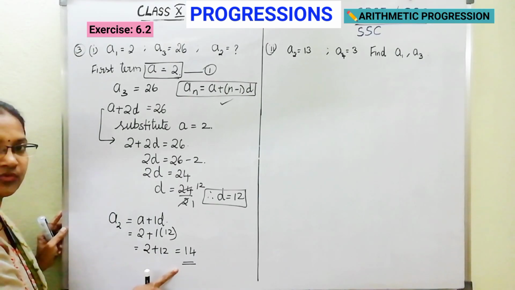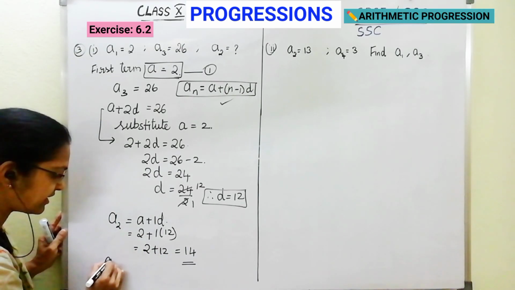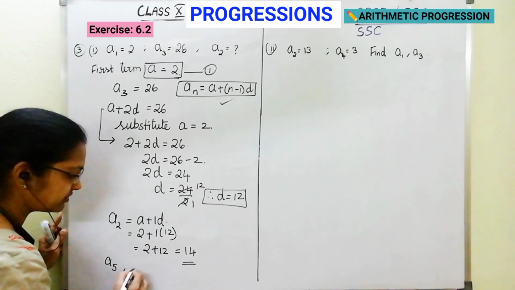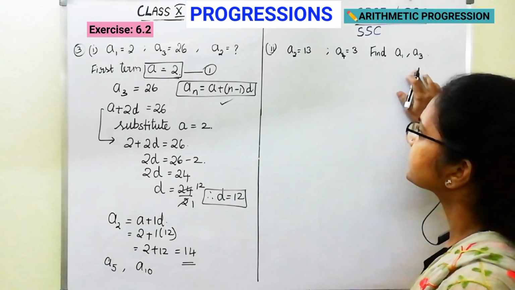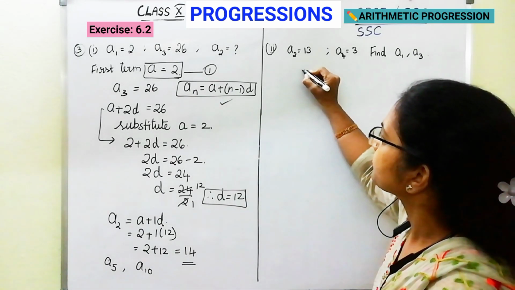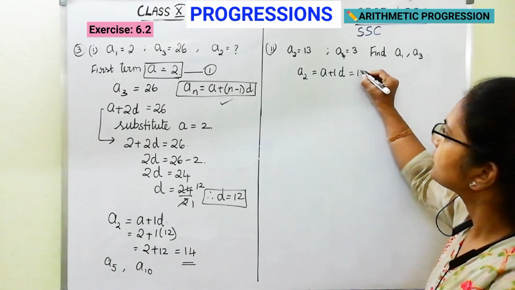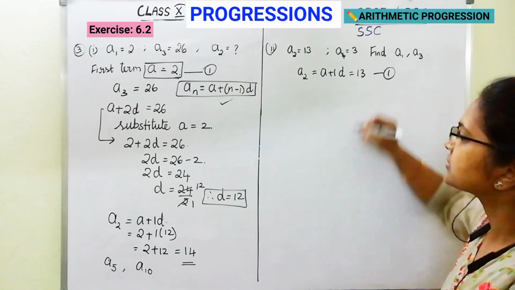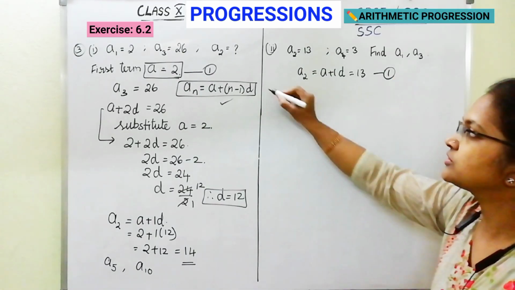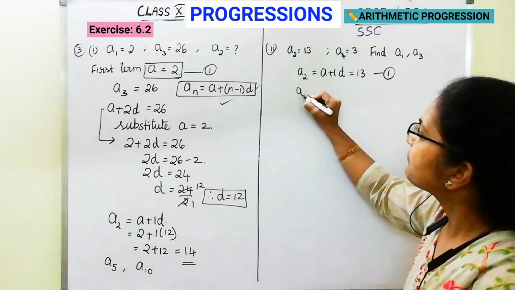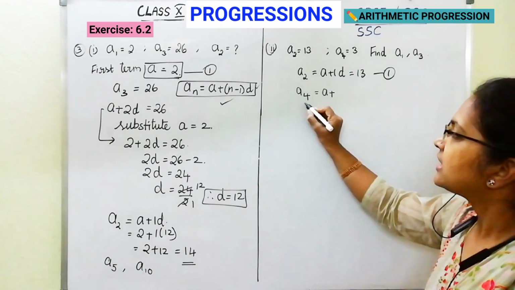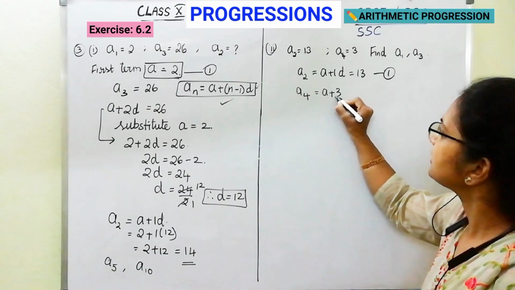So A2 is 14. In this way we can calculate A5 or A10, anything. Moving on to the second bit. A2: A plus 1D is equal to 30. Let us take this one as the first equation according to this general term. Now A4 is equal to 3. A plus 4 minus 1, that is 3D.